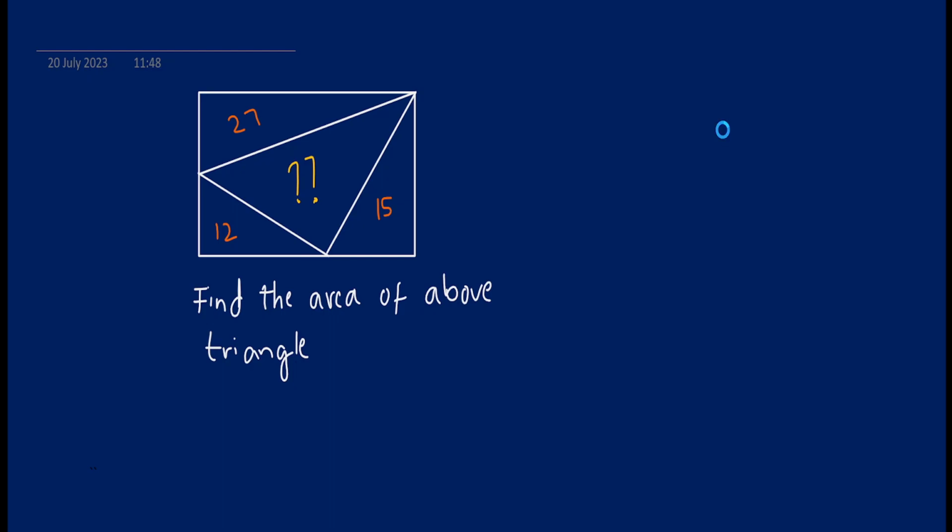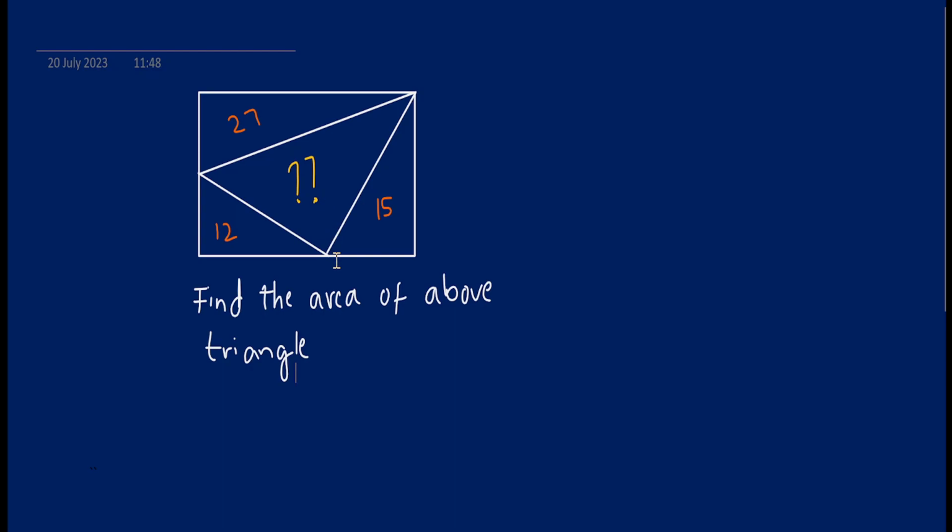Now, in this playlist, we have added a new problem, which is basically a rectangle, and we have drawn three lines inside the rectangle as shown in this figure. You can clearly observe that there are a total of four triangles.